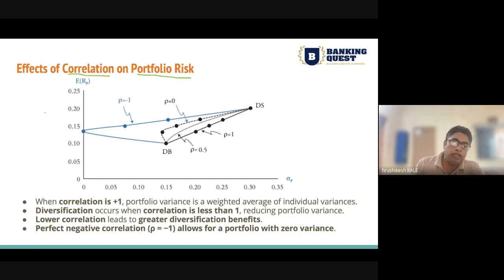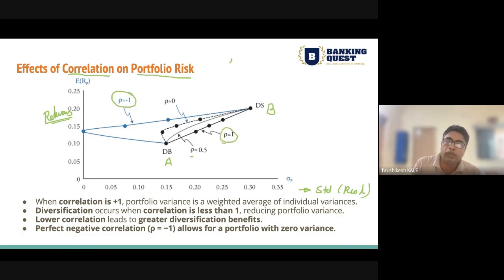If we plot returns on the y-axis and standard deviation, that is risk, on the x-axis, and assume this to be A and this to be B. So only if there is a change in correlation, you will find risk drastically reduces when the correlation is -1 and risk does not reduce at all when there is a correlation of +1.